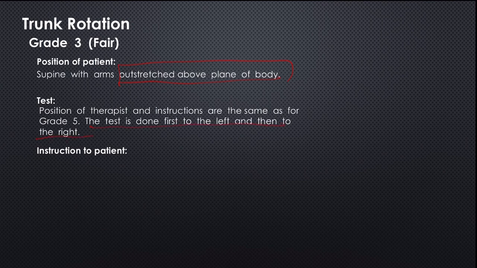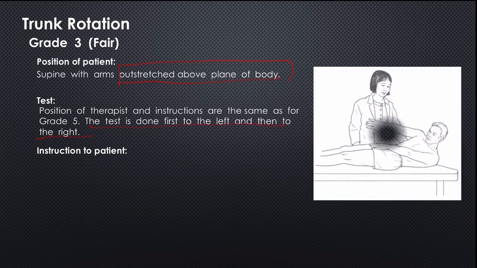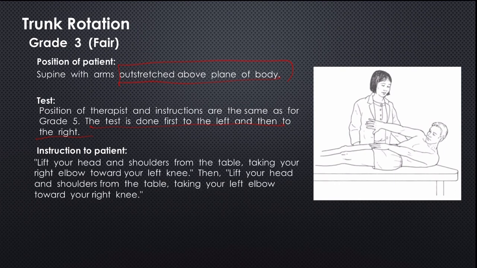So like this, as if you're getting up from bed. Your instruction to the patient is: lift your head and shoulders from the table, taking your right elbow towards your left knee. Then lift your head and shoulders from the table, taking your left elbow towards your right knee. So that's it for the other side.